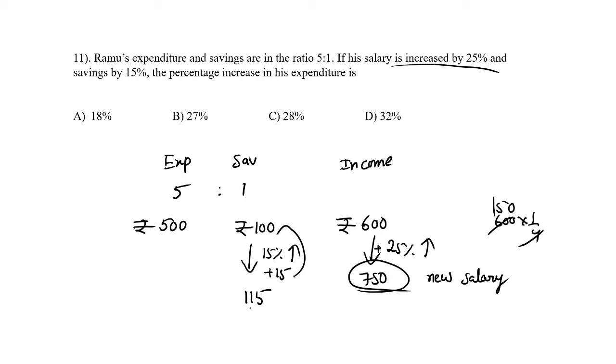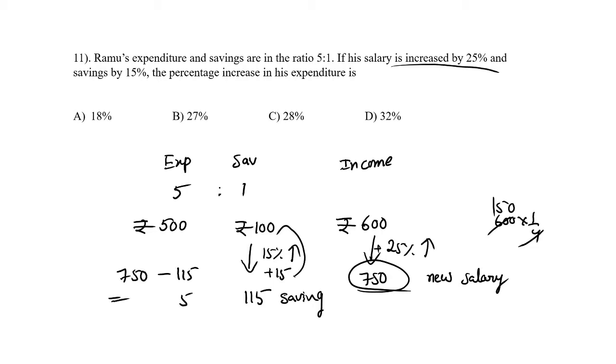Here 115 is the new savings value and income value is 750. We know income is equal to expenditure plus savings. So to find expenditure, subtract this 115 from this 750. So the new expenditure is 750 minus 115.